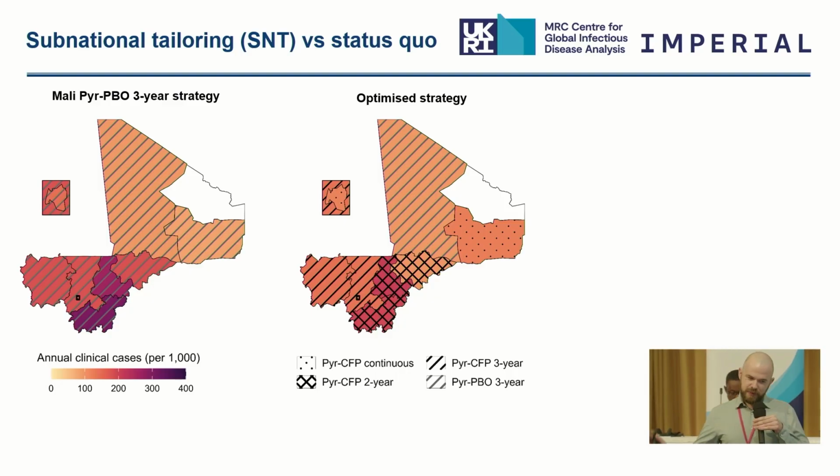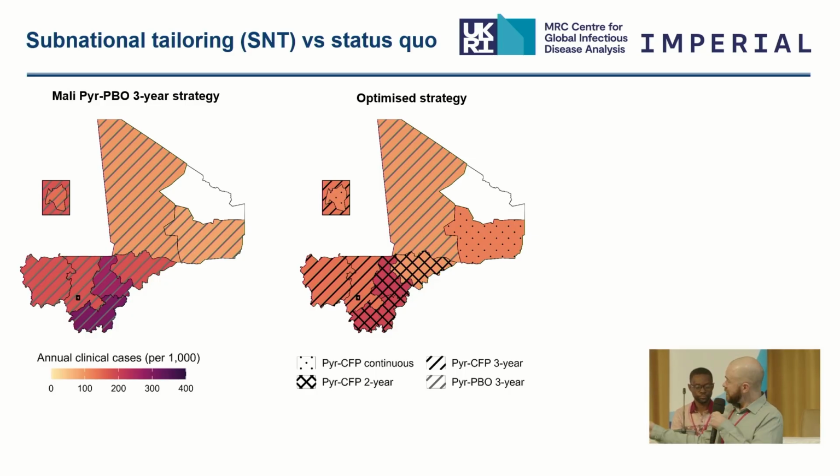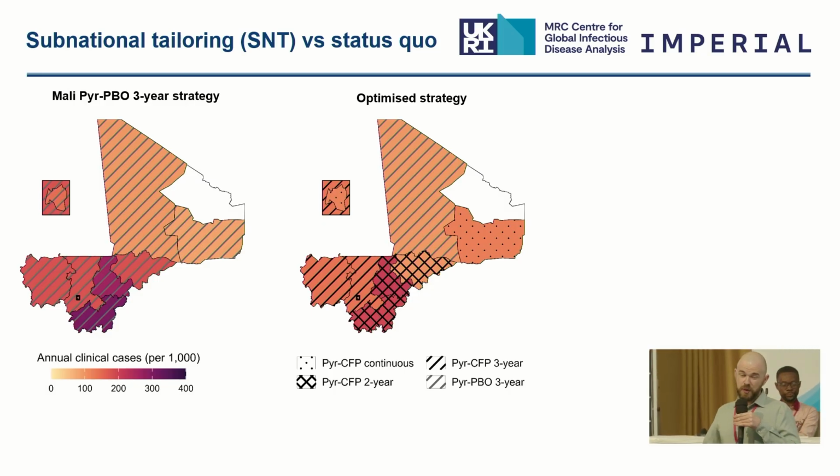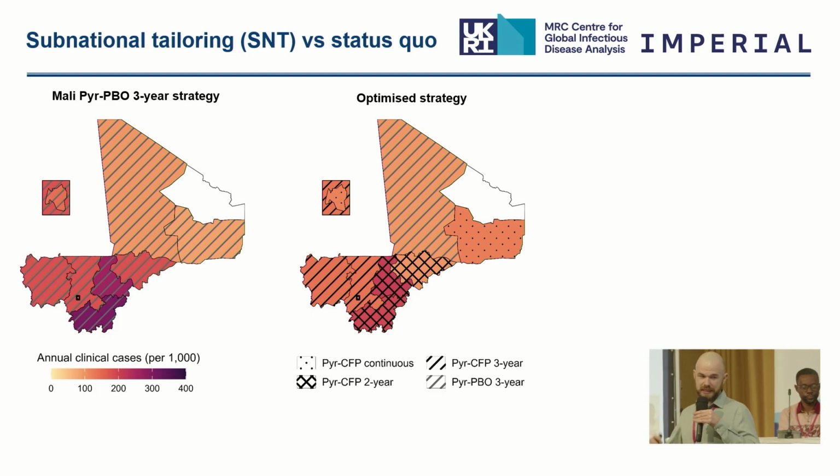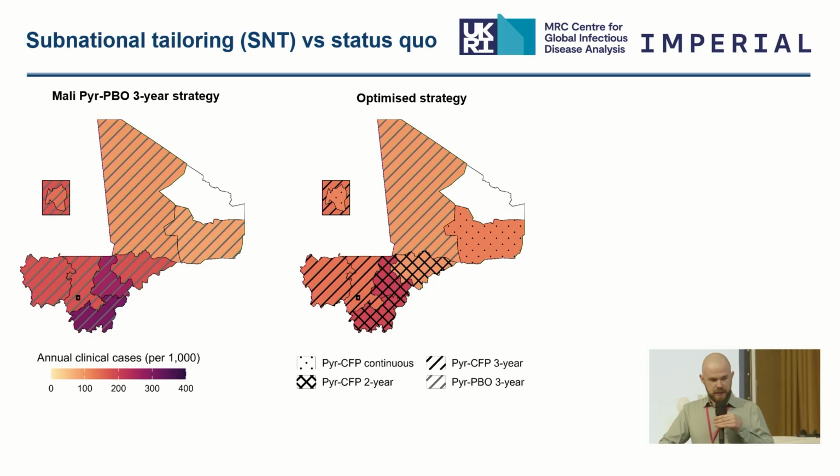But aside from that, every other region has chlorphenapyr nets, indicated by the black cross-hatching and diagonal lines, as opposed to the grey slanted lines which indicate PBO nets. But we've also got some 2-year distribution of mass campaigns in the very high transmission southern regions, whereas we've deprioritized campaigns entirely in the capital and the relatively lower transmission setting of Gao in the east.